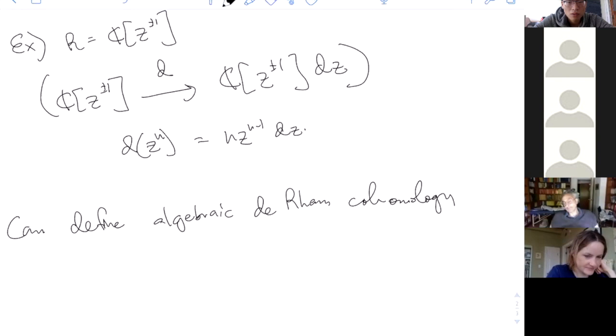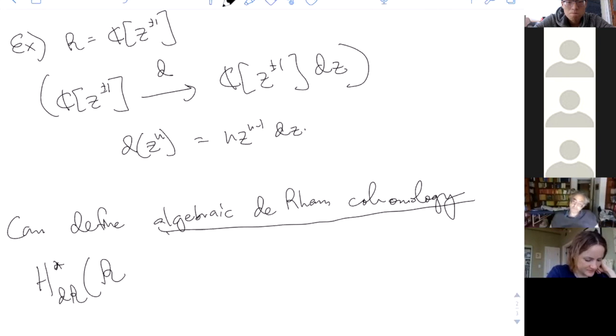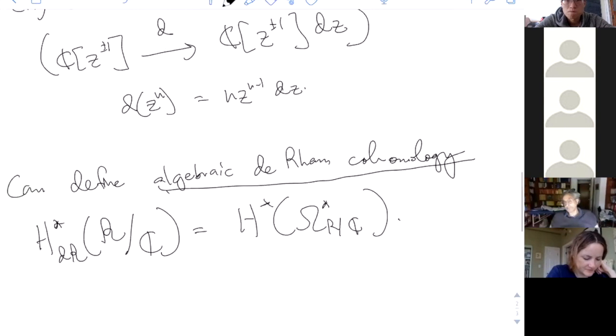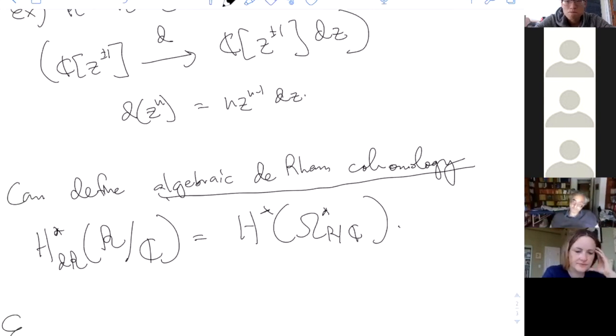Let's write H^*_dR(R/C) for the cohomology of this DGA. If we go back to our example R equals C[z, z^-1], what do we get?